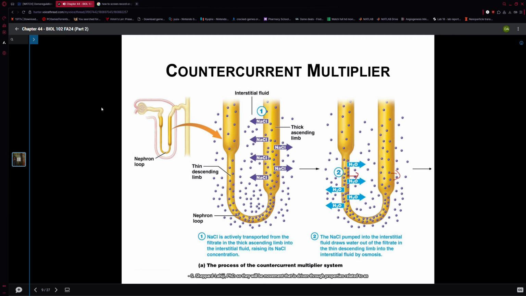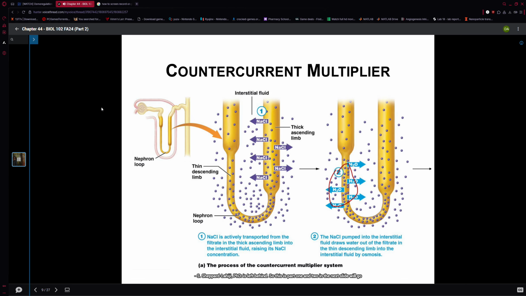So there will be movement that is driven through properties related to osmosis, and that will continuously drive water out of the descending limb. Now we can imagine that if we're moving water out of the descending limb, then what we're doing is changing the amount of solute that's present per volume. So that's going to have an impact on the concentration of solute that is left behind.